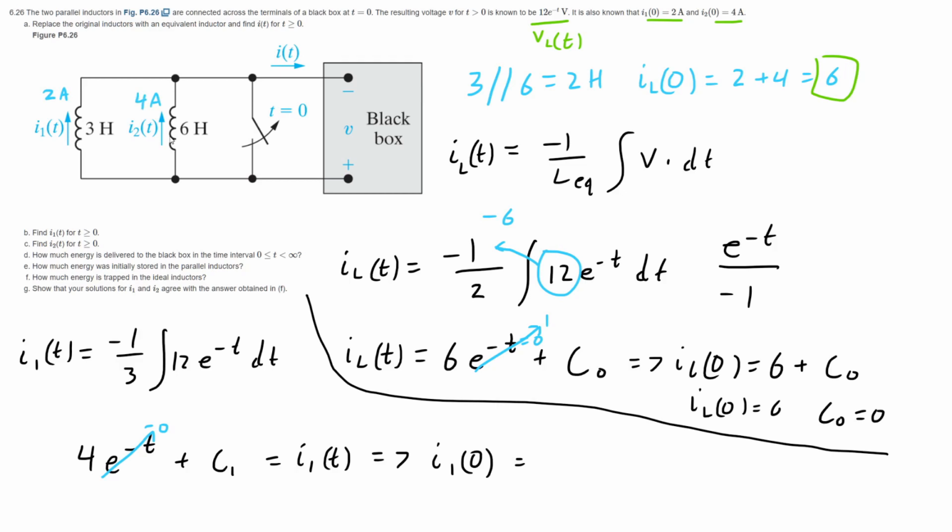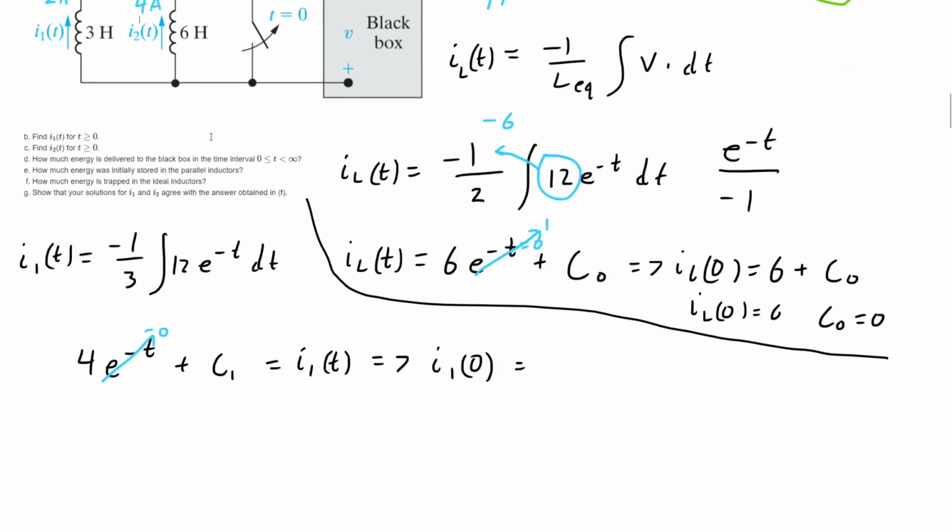Anyway, so i1(0) is known to be 2 amps. So if the expression for i1(0) is 4 plus C1 equals 2, that means that C1 has to equal negative 2.